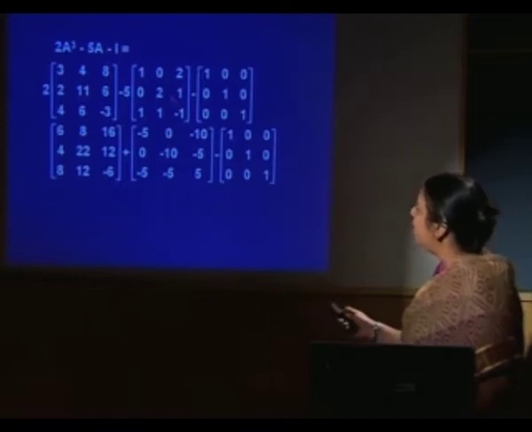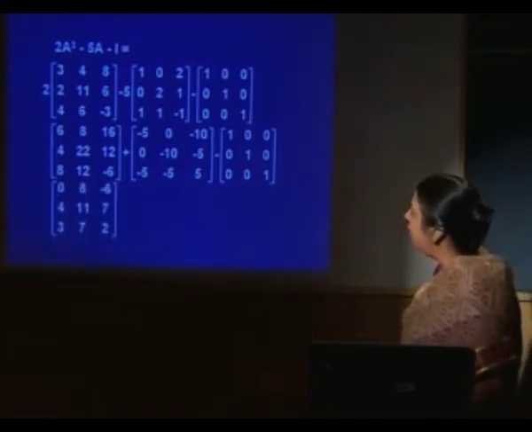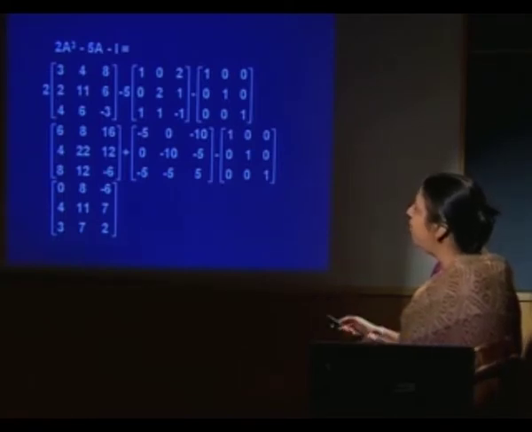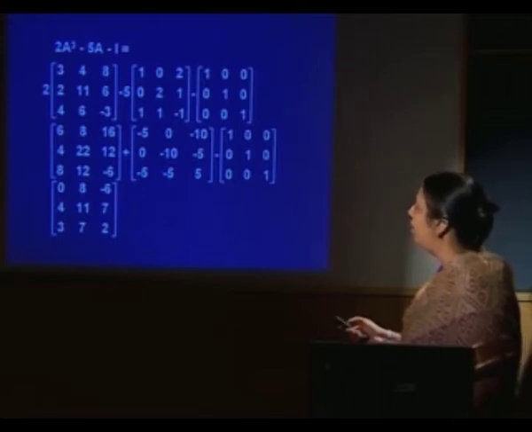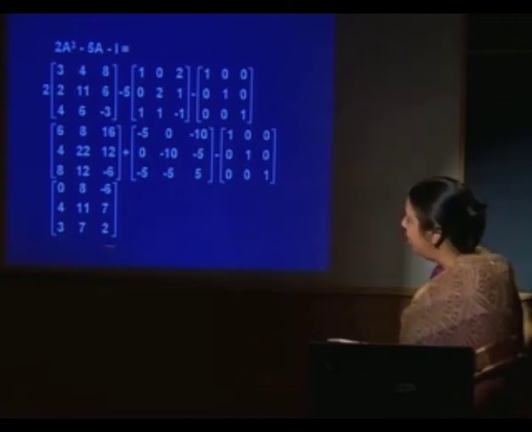And this minus 5 can be taken inside, and this matrix is nothing but minus 5A, and then this matrix, and what we have is the final result as this matrix. So, if I have A as a 3 by 3 matrix, then 2A cube minus 5A minus I is also a 3 by 3 matrix, and it is computed as this.